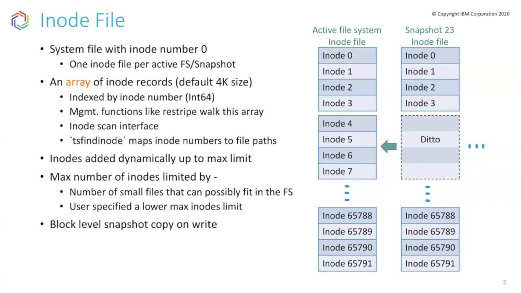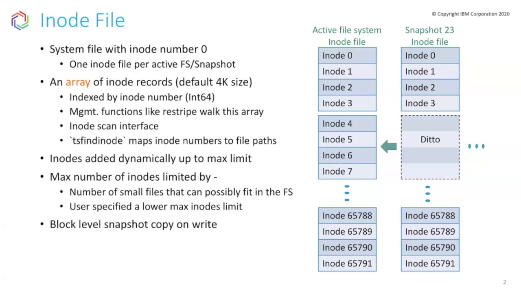So you have one block containing many inode records. Inode records default to a size of 4 kilobytes, so you can fit as many inode records of 4K depending on the metadata block size. And you have all of these various metadata blocks that make up the entire array.